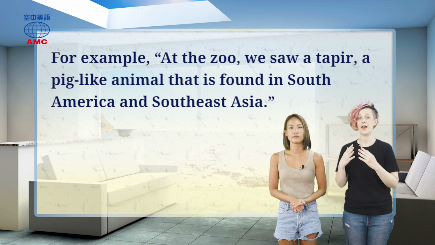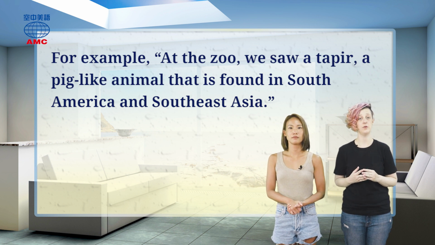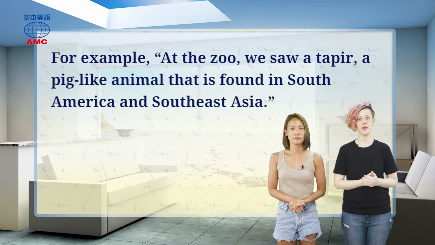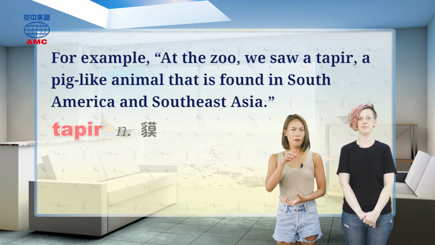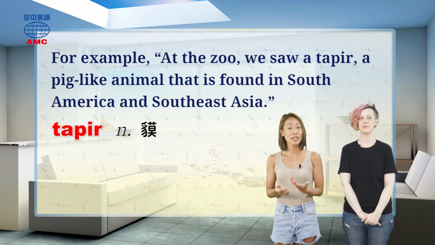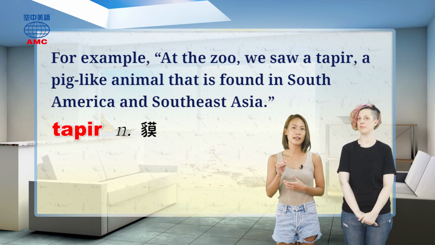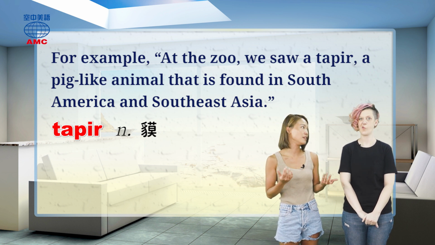All right, so here's our example. For example, at the zoo, we saw a tapir, a pig-like animal that is found in South America and Southeast Asia. They're very cute. OK, so tapir 它是 a pig-like animal that is found in South America and Southeast Asia. 在南美和南亚可以找到这种像猪的动物。So what is a tapir?